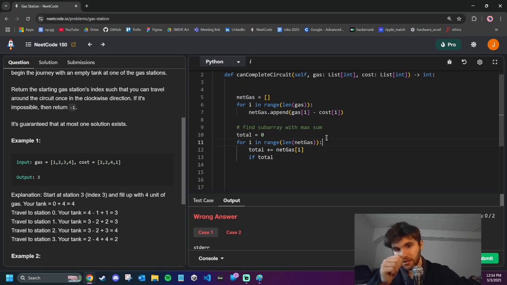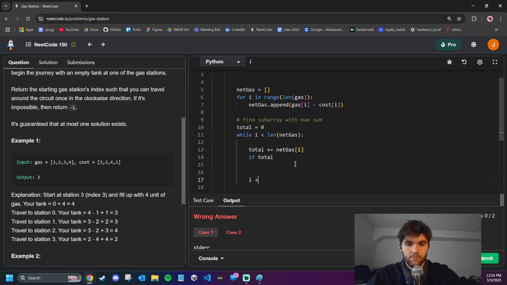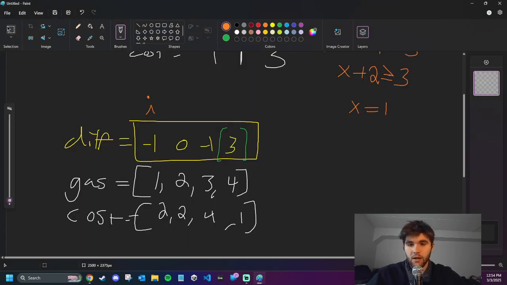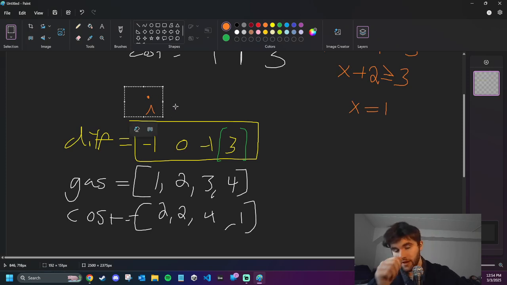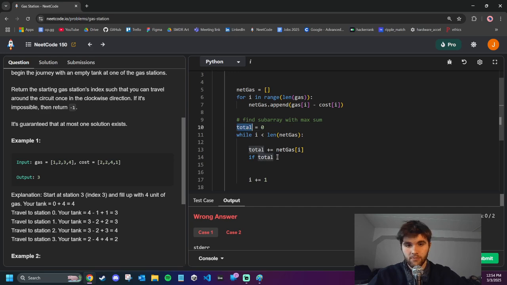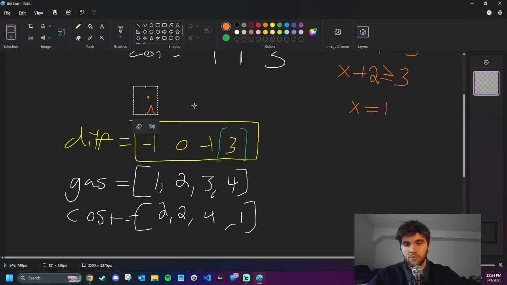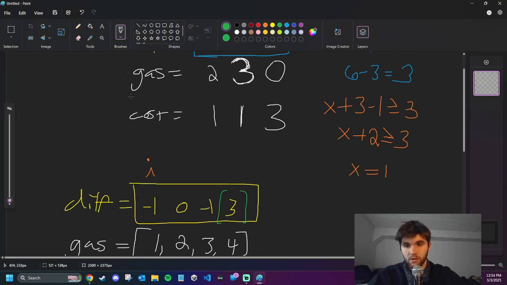All right, then we need a J pointer as well. Let's say while I is less than. Okay, so my idea is we'll have I, and we'll have total. So total will start as 0.